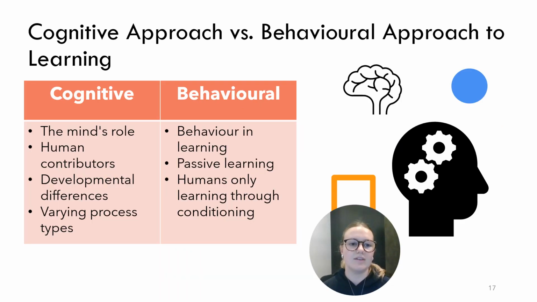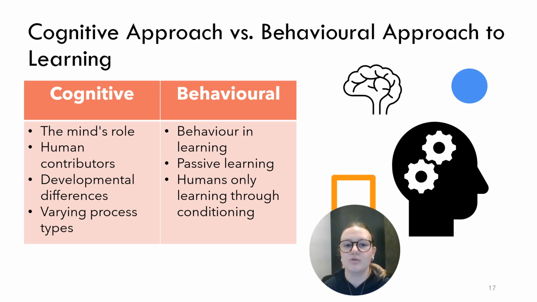Next, I will outline the differences between the cognitive approach to learning versus the behaviourist approach to learning. Cognitive theorists contend that the mind has a very significant role in learning and see humans as active contributors to their knowledge.